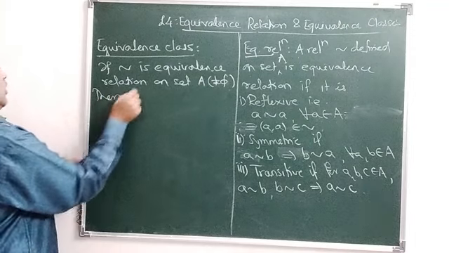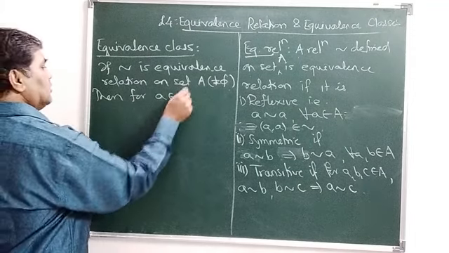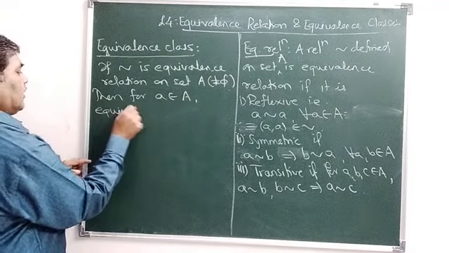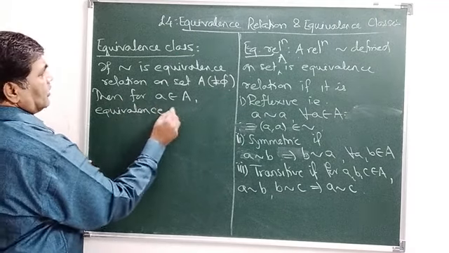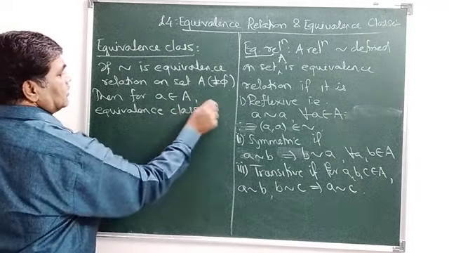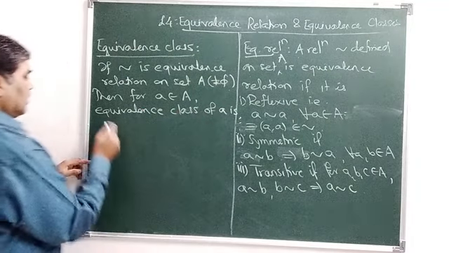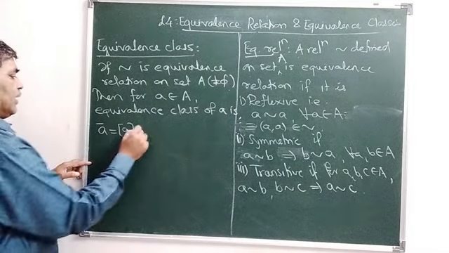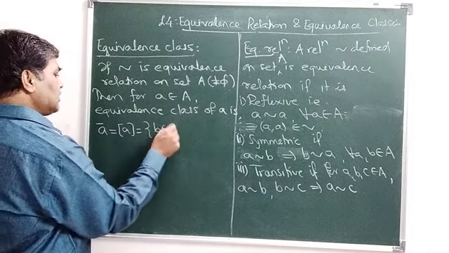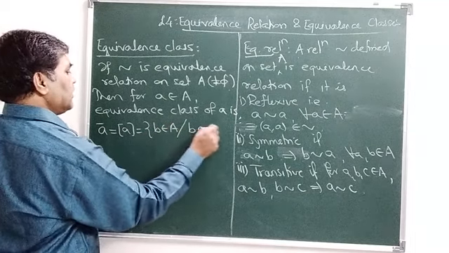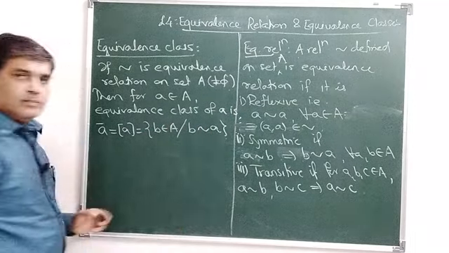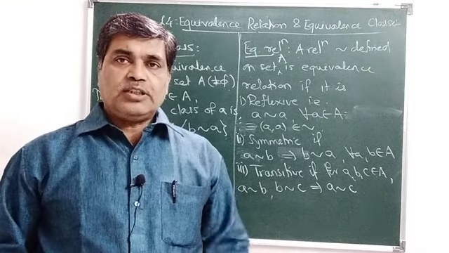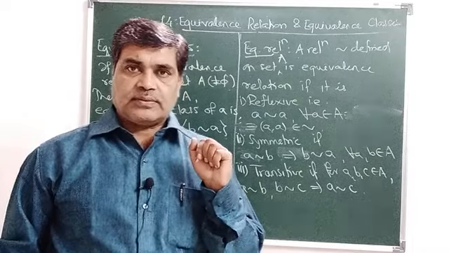Then for a belongs to A, the equivalence class of a is denoted by this symbol a bar, or in some books by [a]. It is the set of b belongs to A such that b is related to a, the set of those elements which are related to a. It is known as the equivalence class.